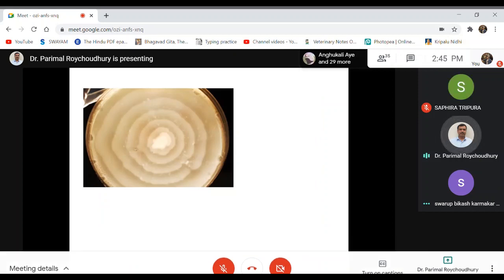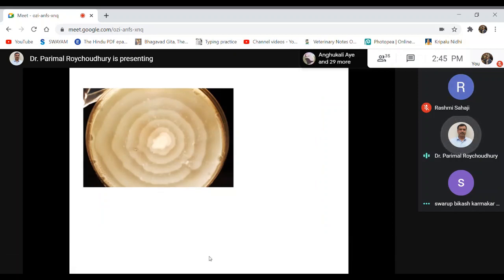Yeah, this is another very characteristic culture feature of a particular organism. This is the organism we call the Proteus species. So this Proteus always produces swarming colonies, just like the sea waves. You can see from the center point, their cultural characteristics, they grow like waves, water waves, and this is what we call the swarming colony.